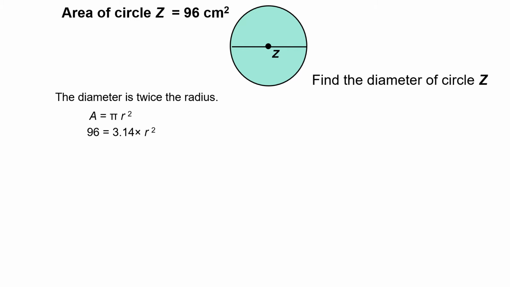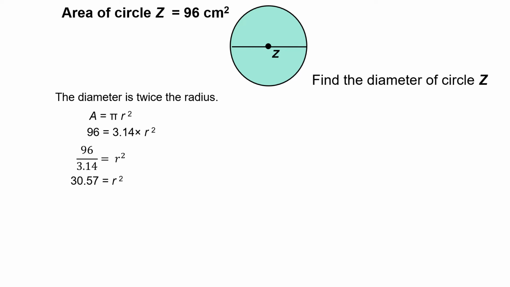In transposing for r squared, we have 96 divided by 3.14 equals r squared. In simplifying 96 divided by 3.14, we have 30.57 equals r squared.